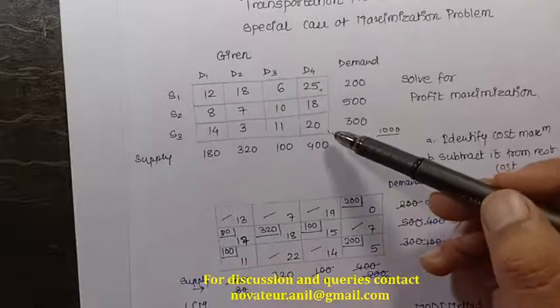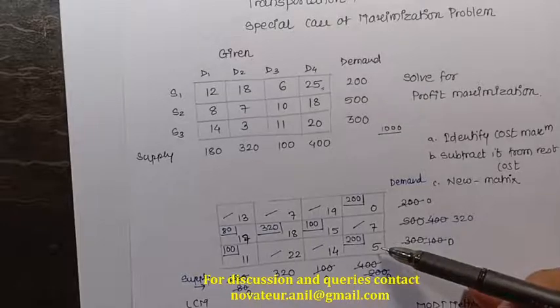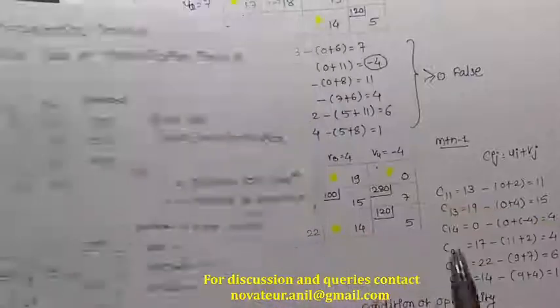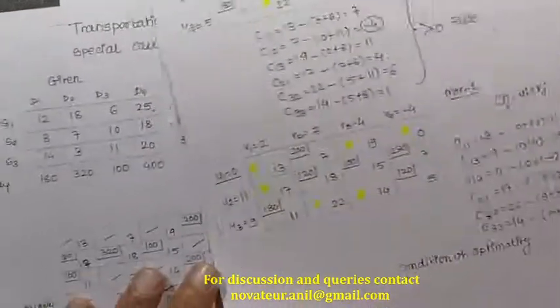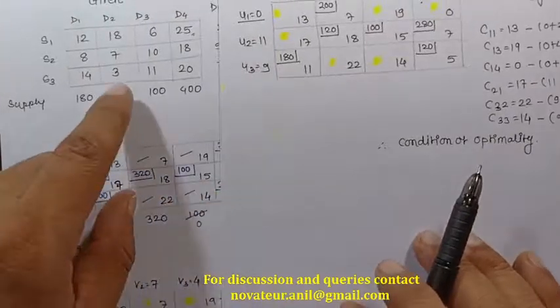See what we have done, we have reduced that matrix to this new matrix. So we are not supposed to carry these new values, we only need to carry the original values which are given in the problem.